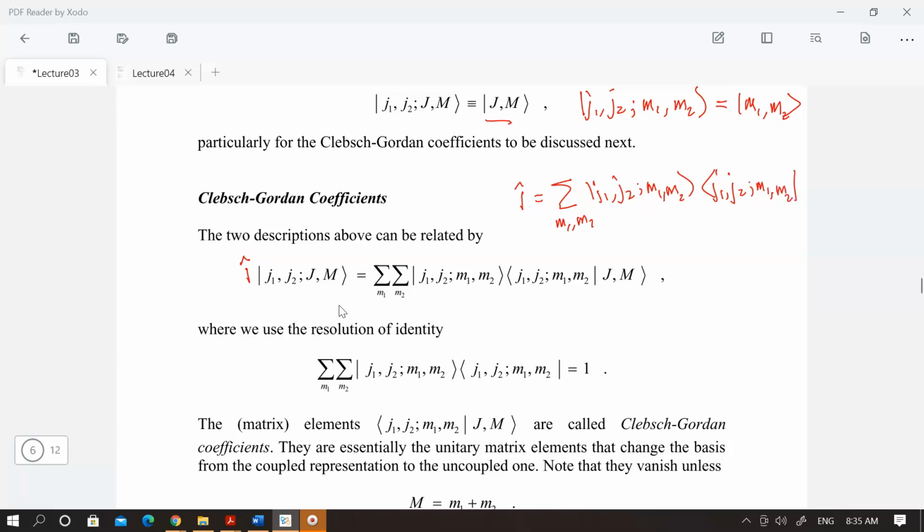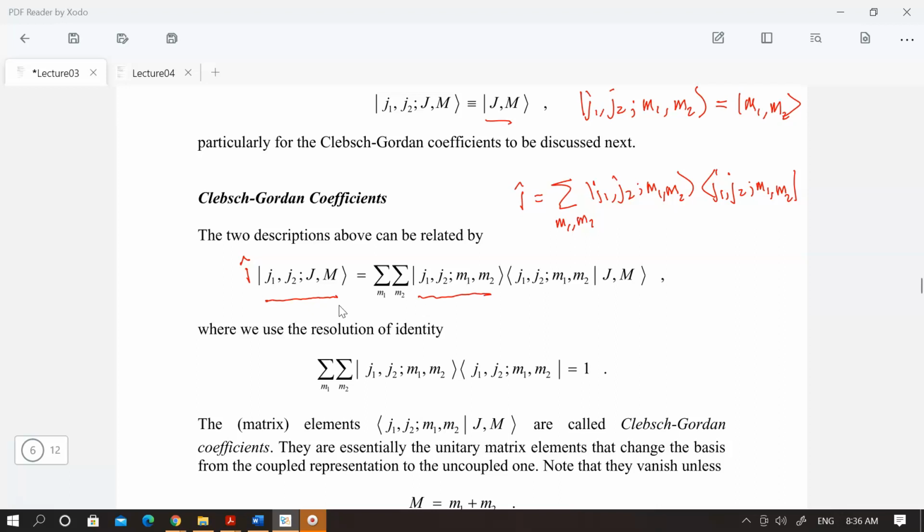I just insert this identity operator in front, and when I resolve this identity operator with respect to these states, what I have is the basis using the total angular momenta being expressed in terms of the basis of the individual angular momenta.